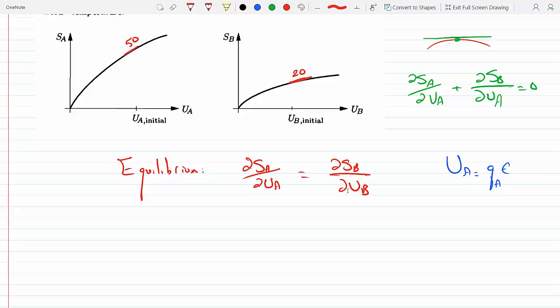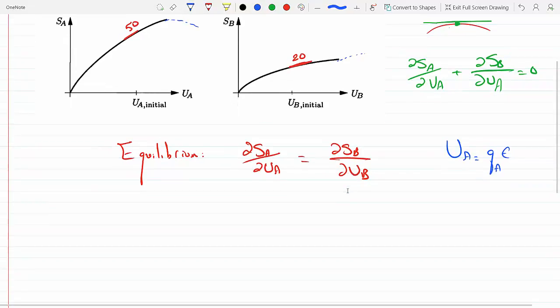Why? Because these slopes eventually have to become equal. So if this is 50 and this is 20, we need to bring the slope of S_A down. So maybe this graph needs to go down like this at some point. And S_B needs to either go less shallow than before, or just become steeper.